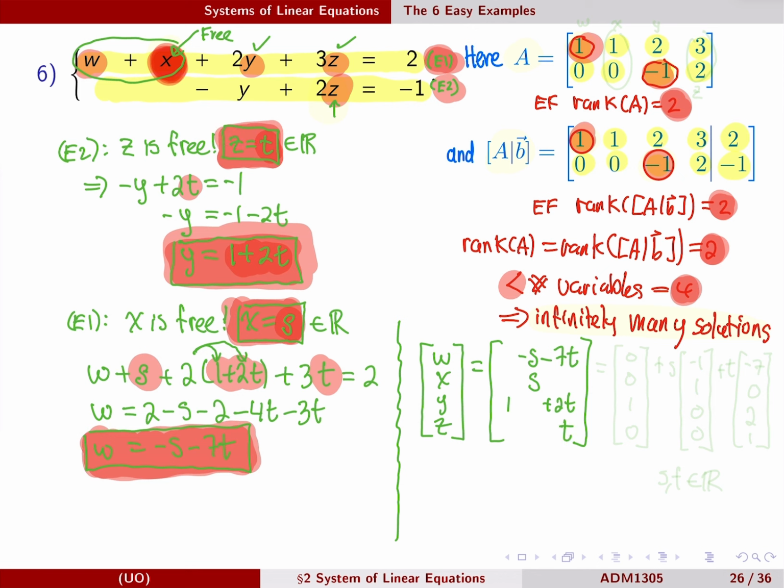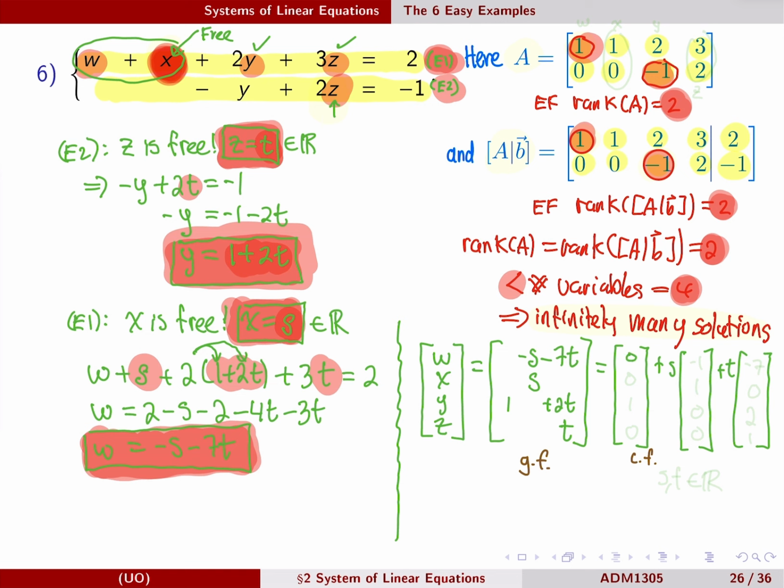You can see I'm kind of misaligning my stuff here because I want to write things in canonical form. So in canonical form, I start with the constants plus multiples of s plus multiples of t. The order does not really matter here. The point is to break this into pieces.